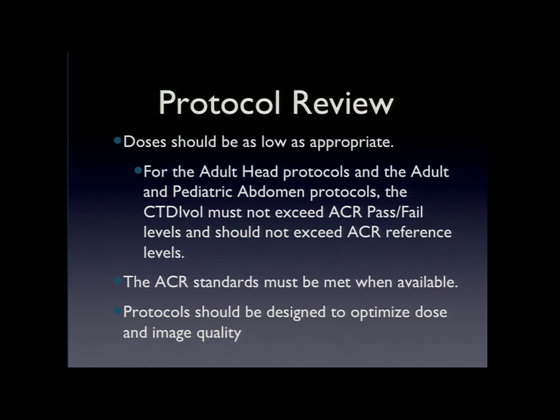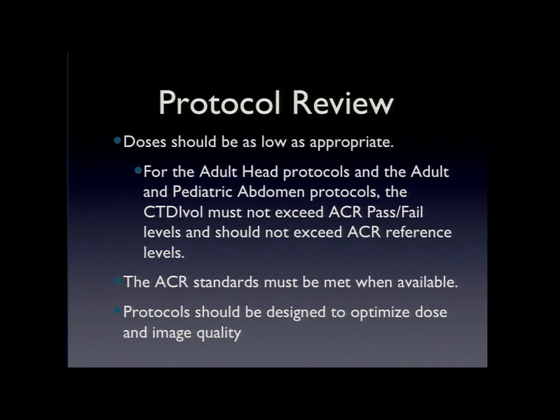And then when you're evaluating these protocols, the doses should be as low as appropriate. The ACR has the pass-fail criteria as well as the reference levels. The pass-fail criteria means you really don't need to exceed this at all. There's no reason. But you've got to remember, if it's a CT of the abdomen, these reference levels are the levels for a routine CT of the abdomen. It's not the same as a CT angiography exam.